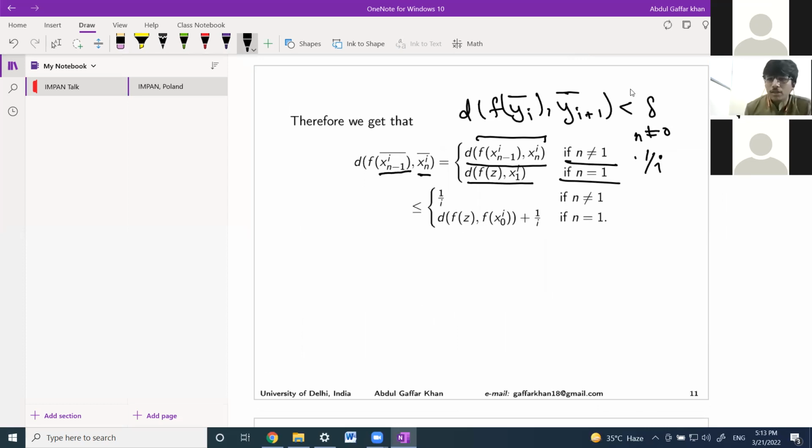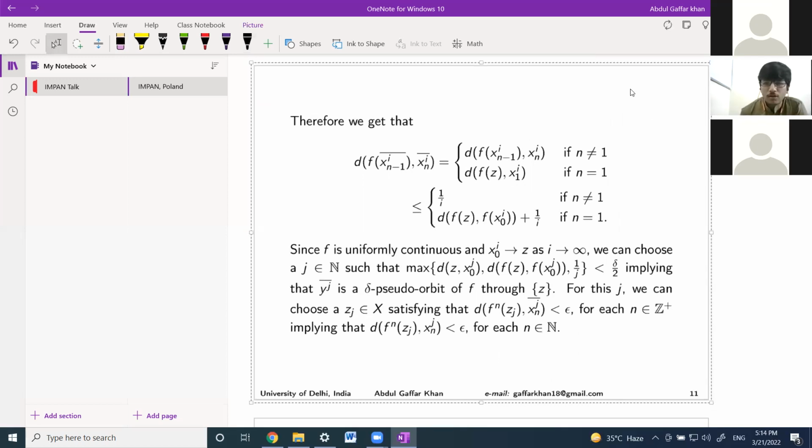The problem occurs when n equals 1, where x_0^i bar is z. So this is the distance between f(z) and x_1^i, and applying the triangle inequality, we can say this is less than or equal to the following quantity.